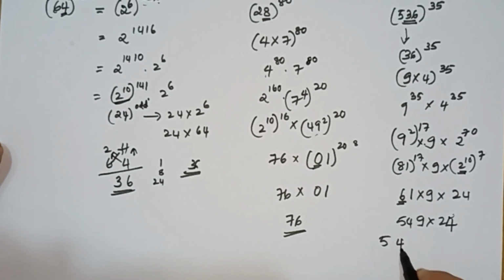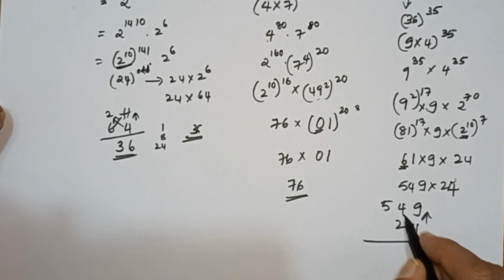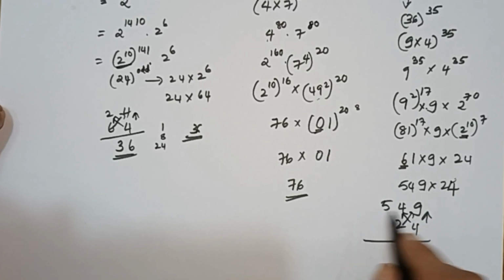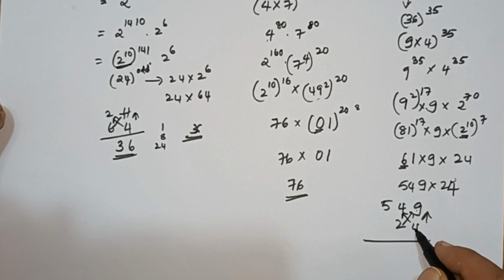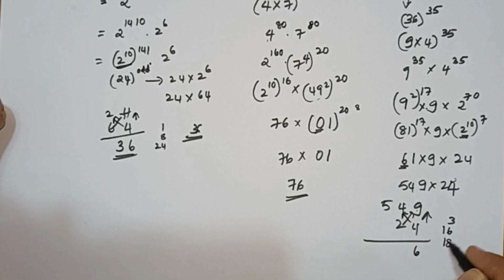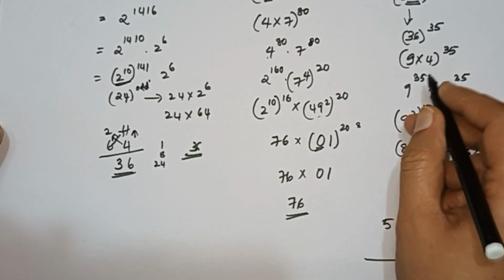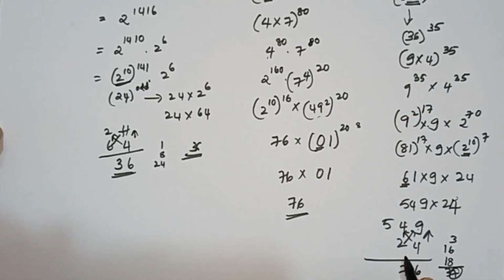So that is calculated vertically and crosswise. The rest of the value we don't want. So 9 fours are 36. 3 is the carry. Then 4 fours are 16. 9 twos are 18. So this value altogether gives you 37. 7 is the last digit. Therefore, the given expression ends with 76.